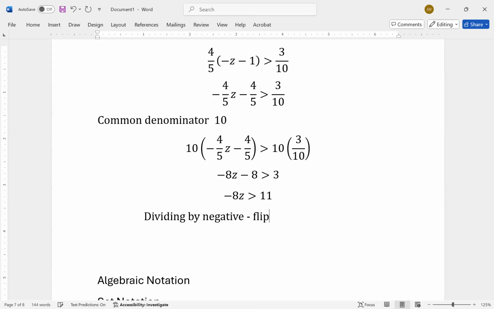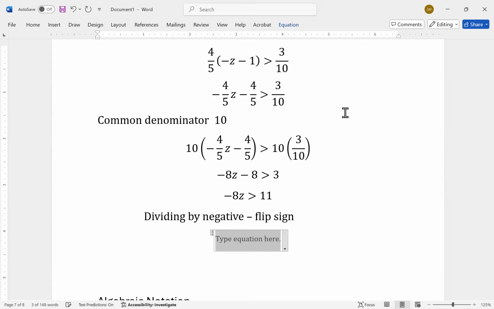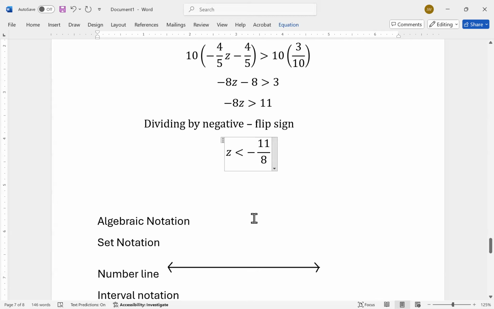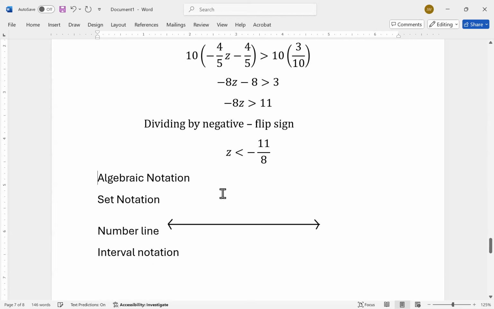So we have to flip the sign, and that would give me z is less than 11 over a negative 8. If I simplify that, that's negative 11/8. And you could write out the decimal version of that as well. But that's my final answer.